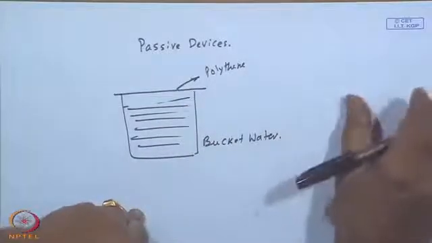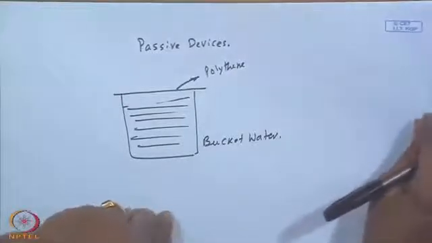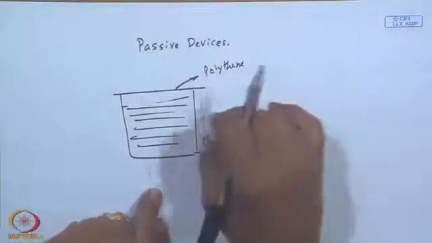So, if the ambient temperature is around 20, it may go to 30, which is a little more comfortable for taking a bath. So, this is simply a passive heating, the simplest kind of passive heating that villages adopt.